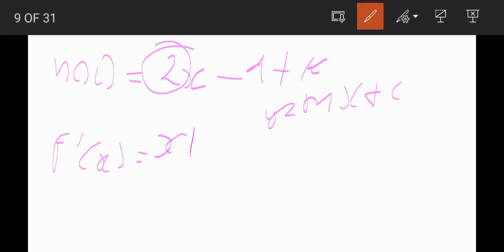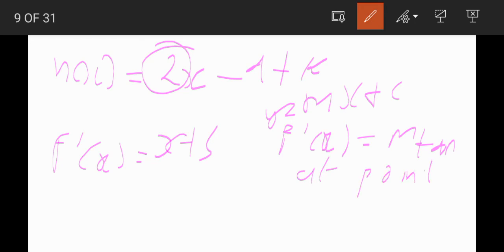x plus 5. Now we know f prime of x must be equal to the gradient of what? Of the tangent at the point of intersection. Always note that. So your f prime of x must always be equal to the gradient of the tangent at the point of intersection. Since we know f prime of x is equal to the gradient, what is the gradient of the tangent?